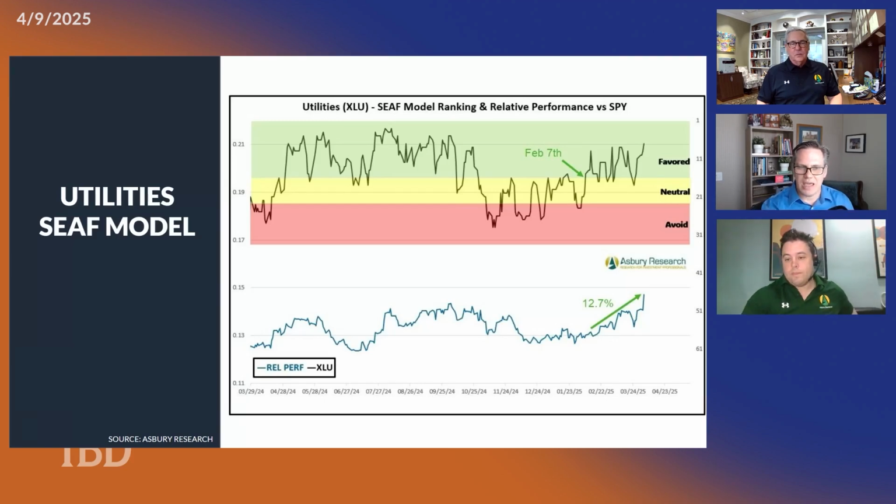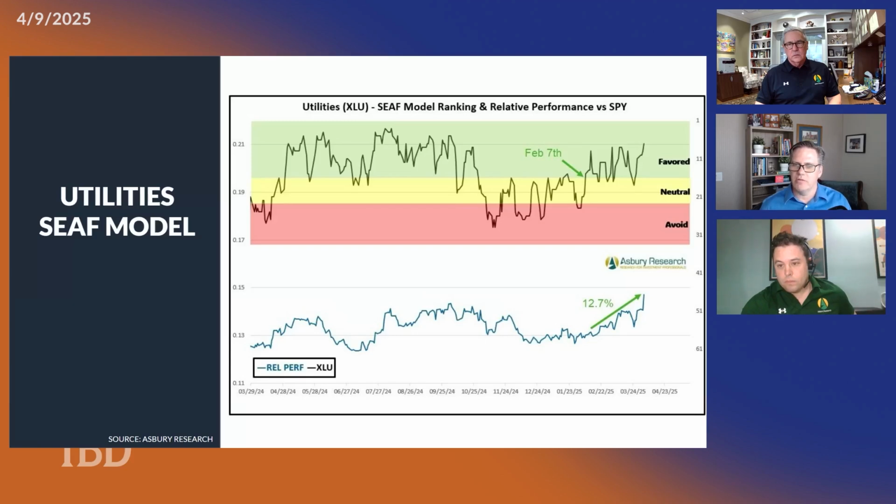The XLK was up 13.4%. XLU was up 3.9%. So a big disconnect, with XLU having a big day of underperformance today.